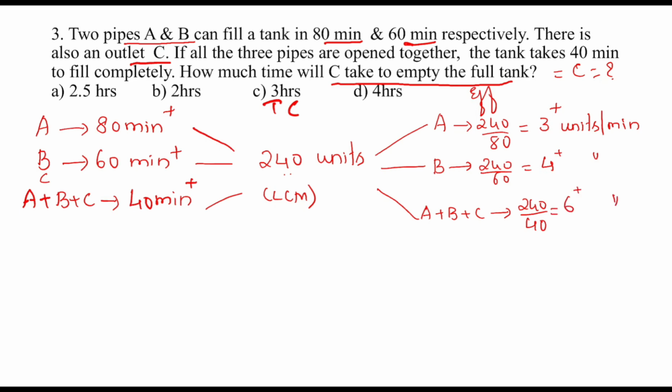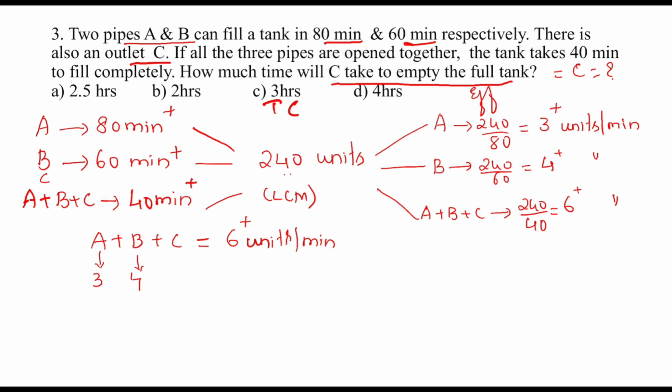Okay. Now we know that A, B and C are operating together. When all three are operating together, they will fill 6 units per minute. But we know that A will fill 3 units per minute and B will fill 4 units per minute.